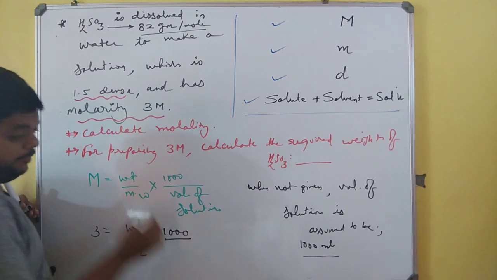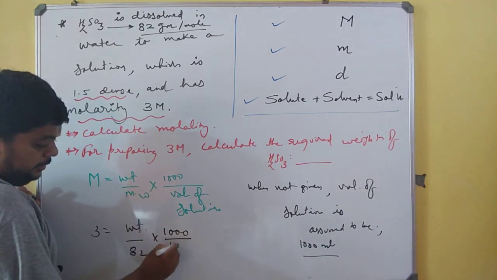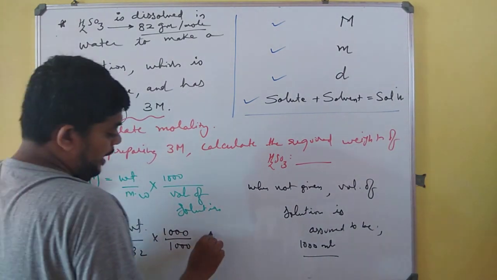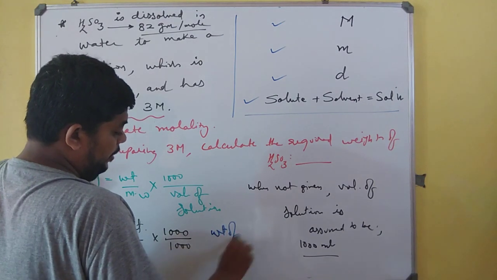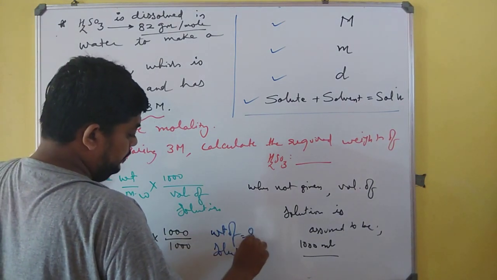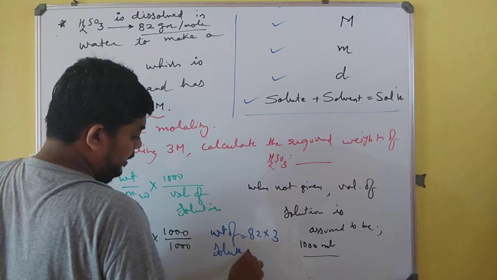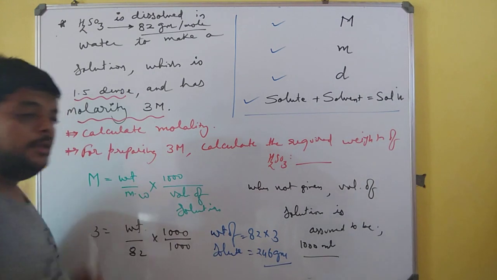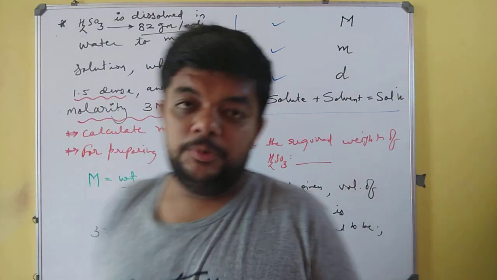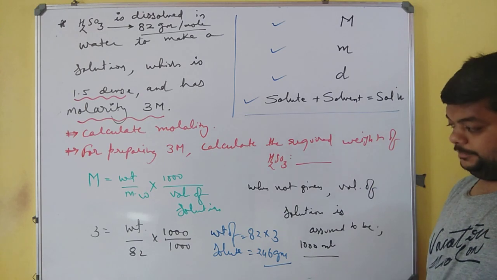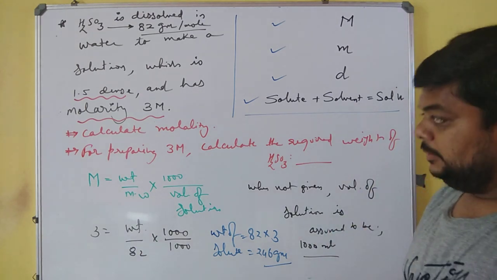Multiply by 1000, and when volume is not given, we are supposed to take 1000. So when we will solve this part, we will end up with weight of solute is equal to 82 multiplied by 3, and that would be 246 gram. So this is how we end up with writing the weight of solute.